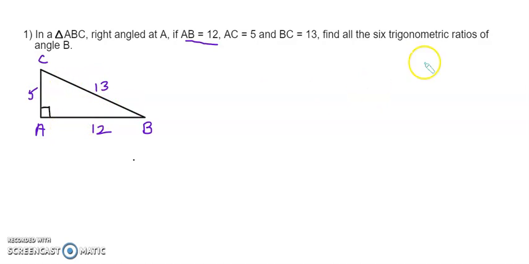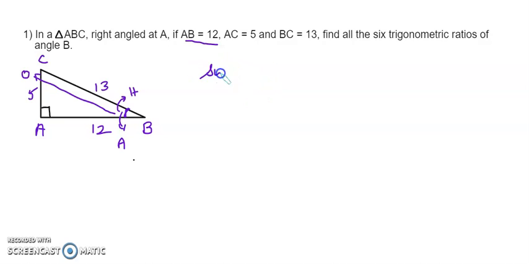Now they are saying find all the trigonometric ratios for the angle B. So this is my theta or B. Again, for B angle, AB is adjacent, AC is opposite and BC is hypotenuse.